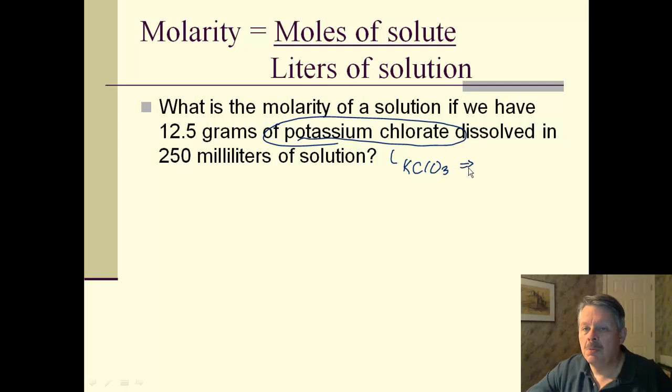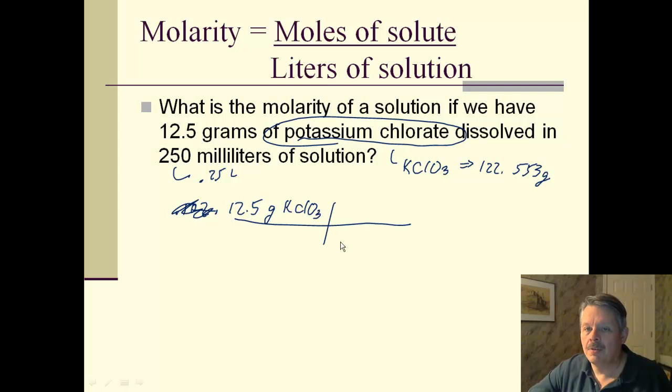So you should be able to figure that out, what the formula is, and as a result, you should be able to figure out that it weighs 122.553 grams per mole. 250 milliliters is 0.25 liters. So I have 0.102 moles. I'm sorry, I didn't do that yet. 12.5 grams of KClO3 divided by 122.553 grams in 1 mole of KClO3.